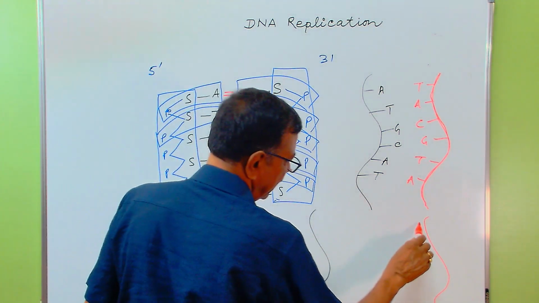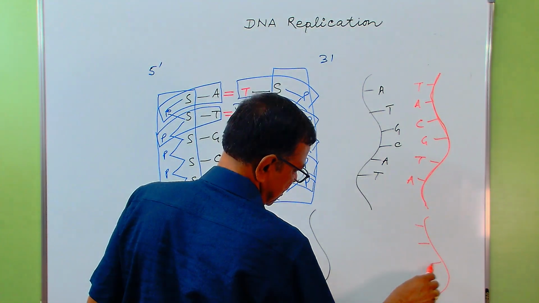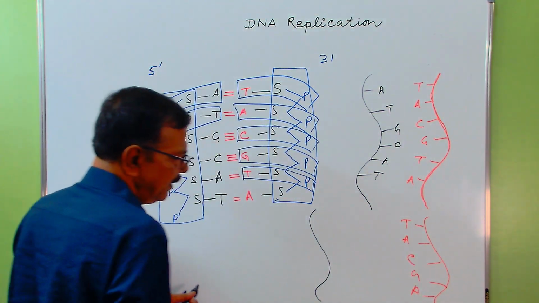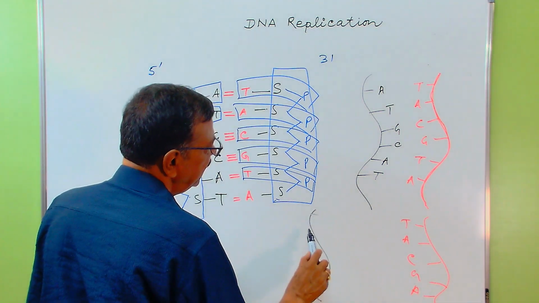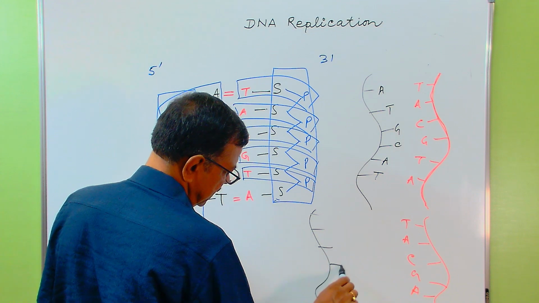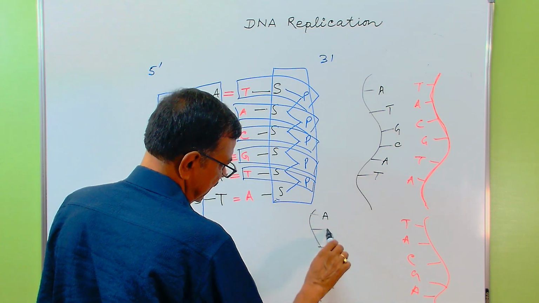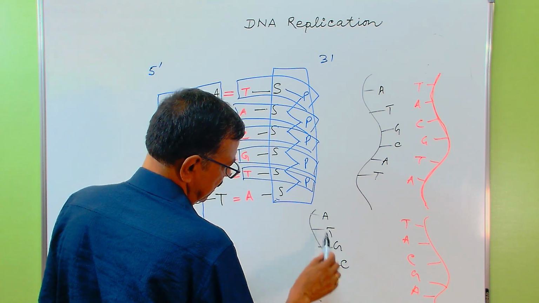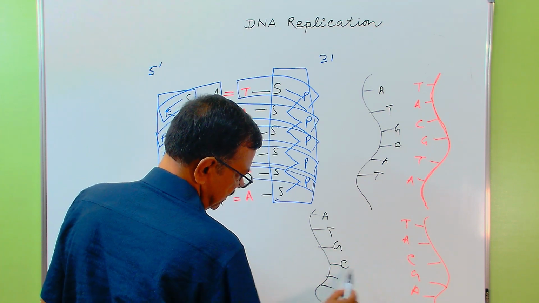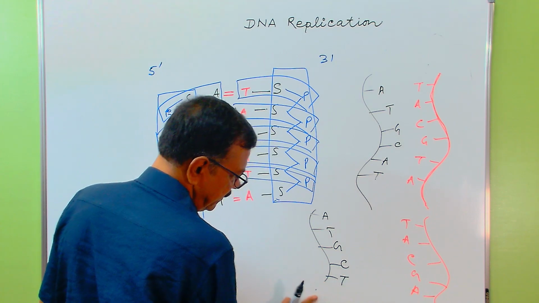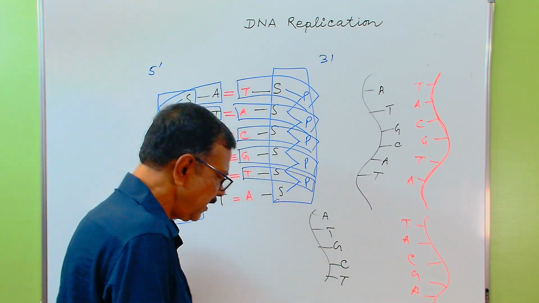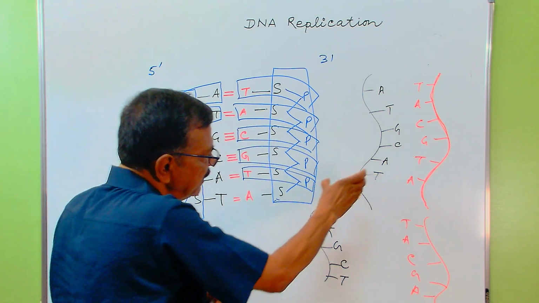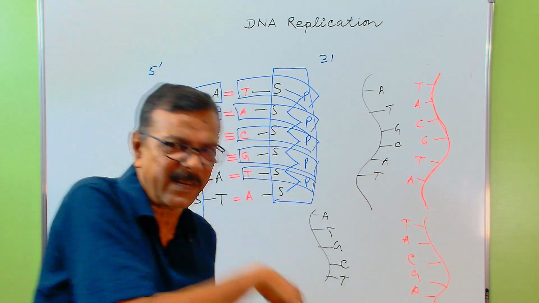And this red will contain T, A, C, G, A, and this will have A, T, G, C, A, T. So you can easily predict that whenever a new DNA strand will be produced, that will contain the parent strand and the newly formed strand.